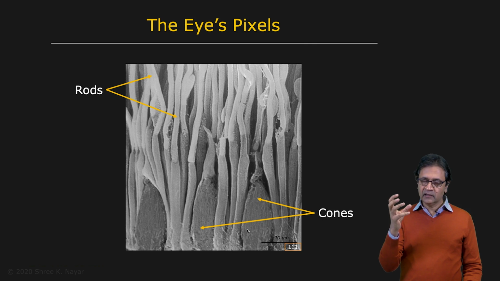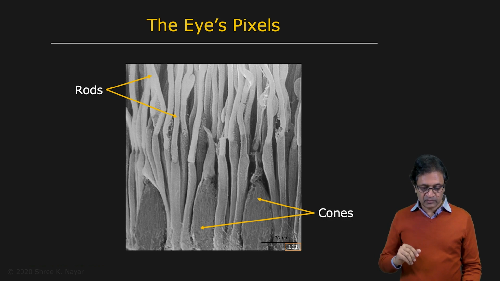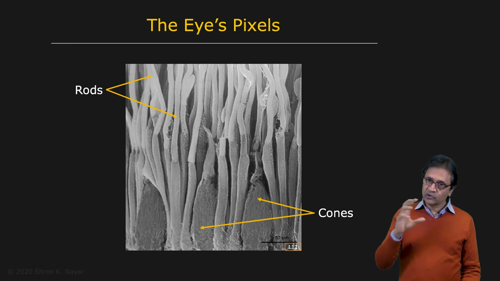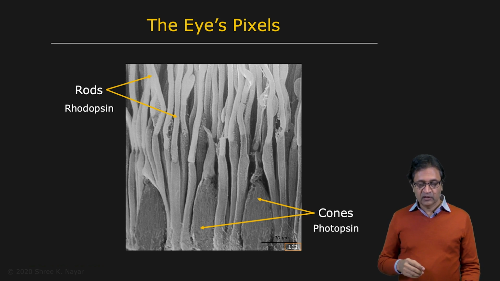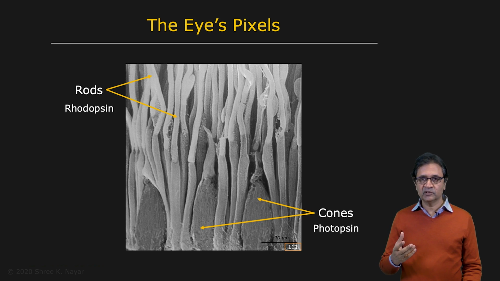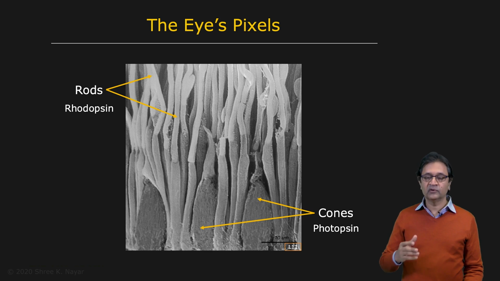They take light in, and they're able to generate an activation, an impulse that goes off to the brain. However, they respond to different types of light, so to speak. So they have different proteins. Rods have rhodopsin as a protein, and cones have photopsin as the protein.